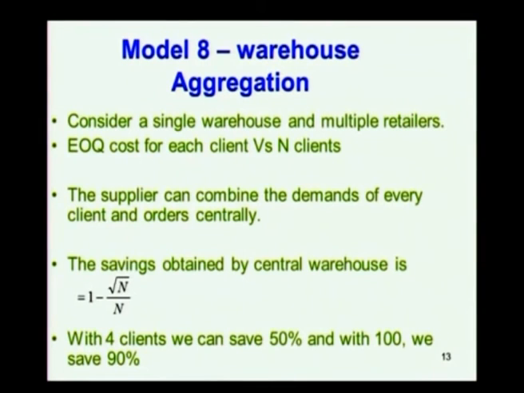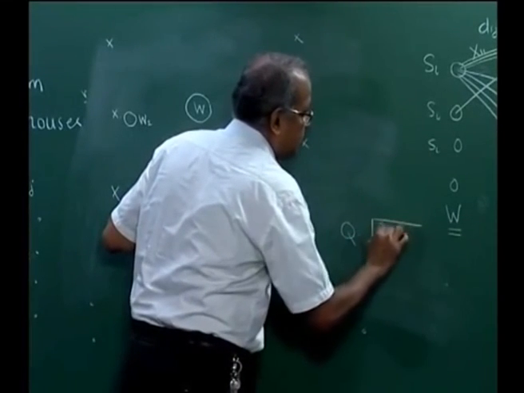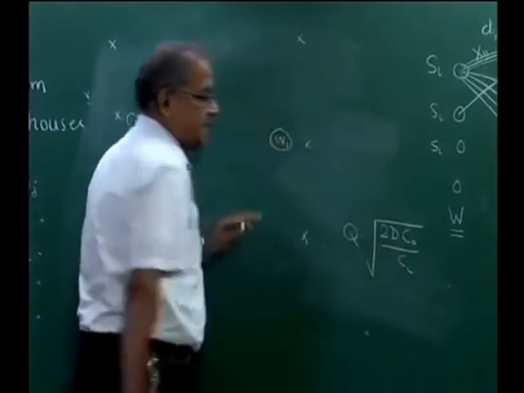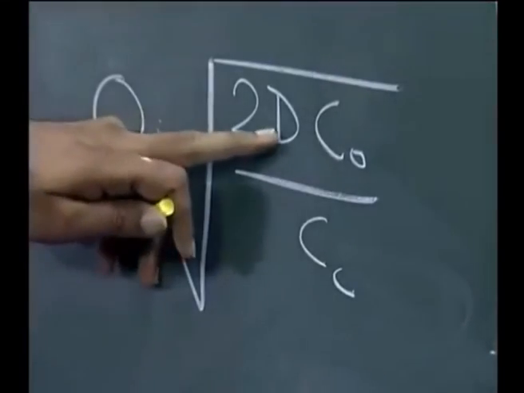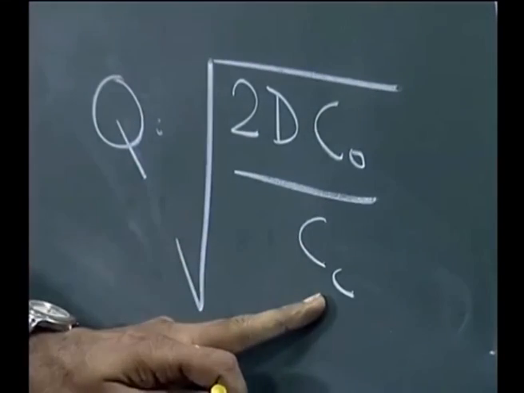Now one could simply easily calculate the economic order quantity cost for each retailer for n retailers. So if we have n retailers, using our traditional formula that we have used, the economic order quantity Q will be equal to root over 2 D C naught by Cc, where this is the demand for the item, this is the order cost, this is the inventory carrying cost.